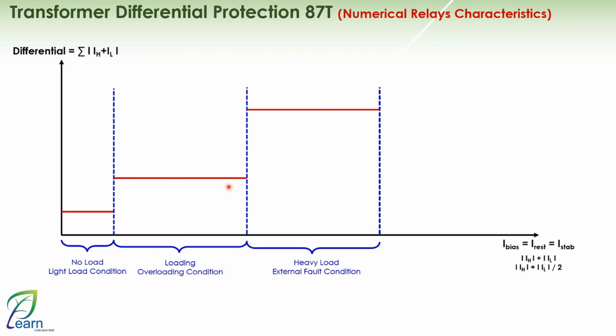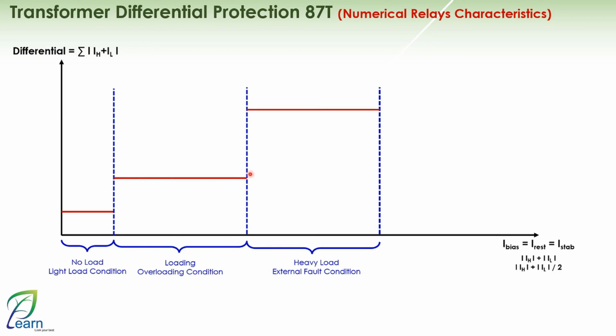Therefore, the differential value is slightly higher, which is a very nice thing. However, with low currents here, when the highest possible differential is at a point like the one I am standing at now, the differential setting value will be higher by this entire amount. This means I have lost my sensitivity.